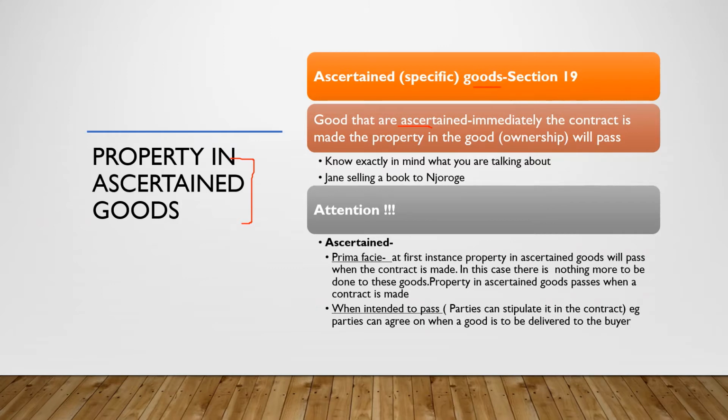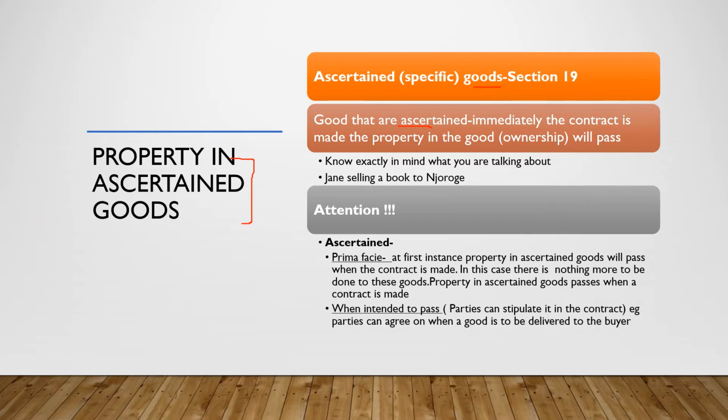An example would be if you go into a shop to buy a laptop, that good is specific. So immediately the contract is made, the property passes, meaning that there is nothing that you need to do to the good to make it viable for sale.